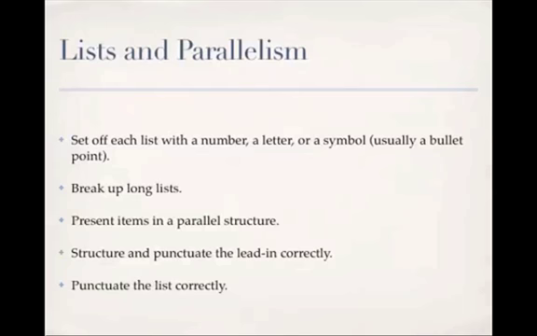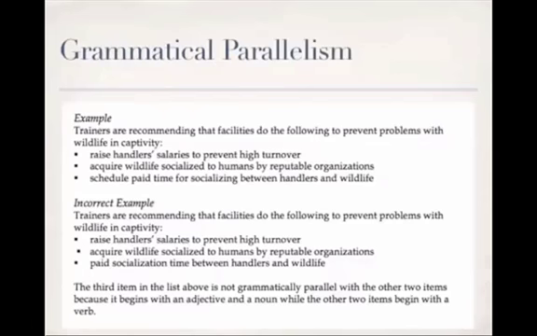Here we have set, break, present, structure, and punctuate. You could also have mixing, baking, cutting, and gluing. You also want to look at word choice. When you go to a concert, you may not bring a gun, a knife, a beach ball, or a cooler. They all have the article a in front of each word for consistency. These are small things that actually are quite difficult.